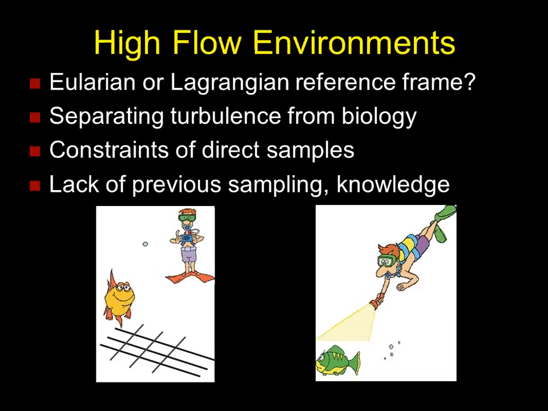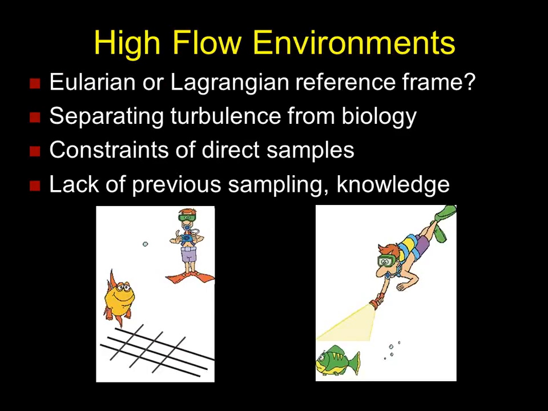Sampling high-flow environments presents a number of challenges, and one of the issues is choosing a perspective: a Eulerian, as depicted on the lower left, establishing a grid perspective, or a Lagrangian, following the particles or the beasts of interest in your reference frame. In high-flow environments, especially in a river or a high tidal flow, typically we use a Eulerian or grid-based perspective, and that's the one that we used for our sampling.